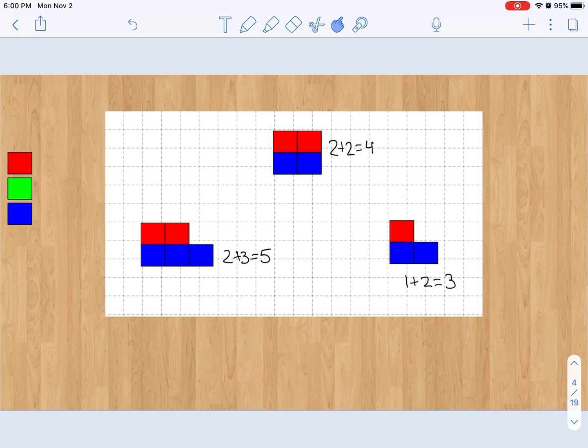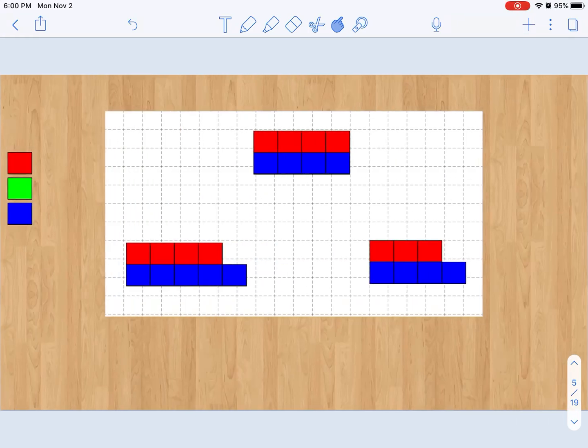Now let's look at another array with four red tiles on the top and 4 blue tiles on the bottom. An equation I could write for this array is this: 4 plus 4 equals 8. Describe how I could arrange the tiles to show a doubles plus or minus 1 fact.